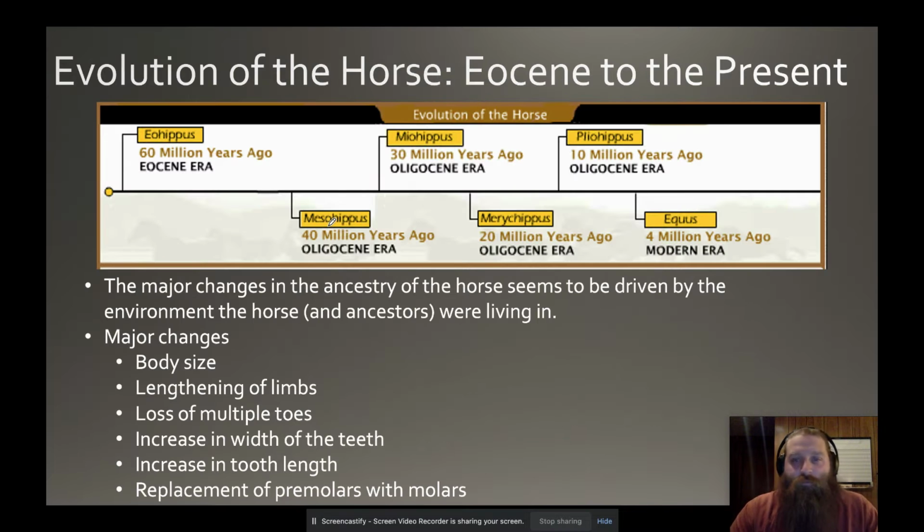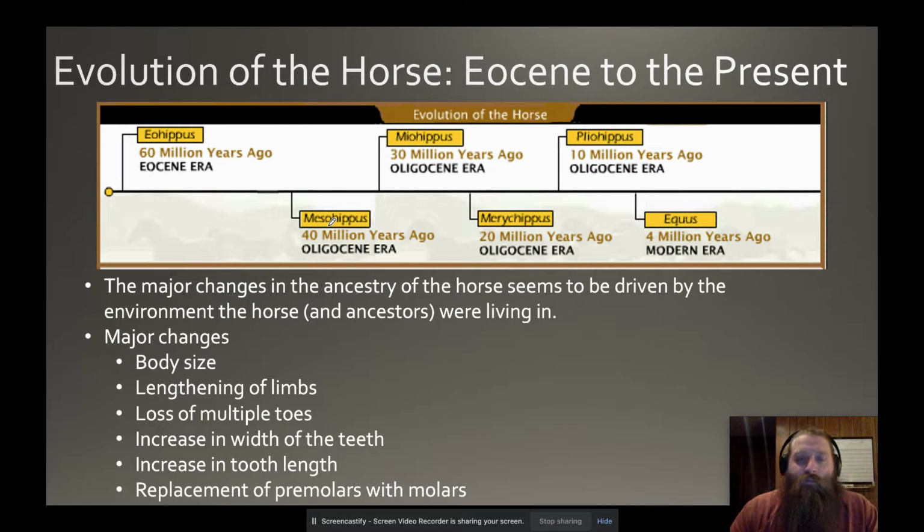So let's start with horses. The first horse shows up around the Eocene in the organism that we have named Eohippus. And when we look at the major changes in the horse over time, the thing that seems to drive the change in the horse is the environmental changes.